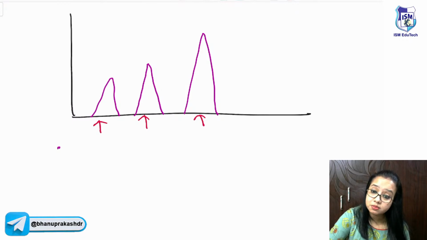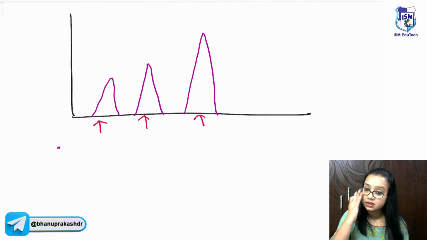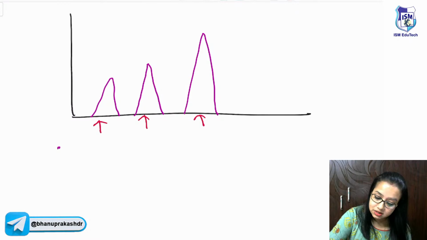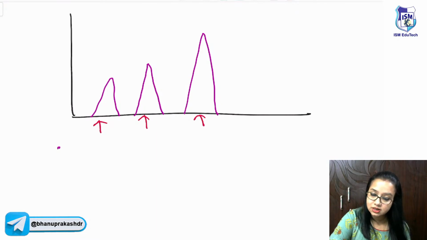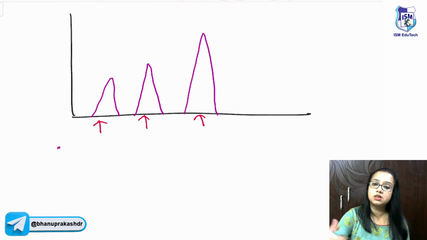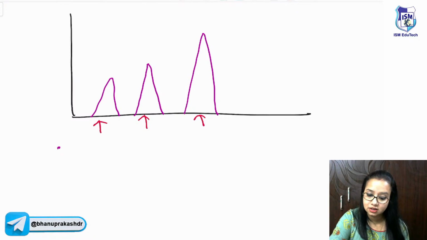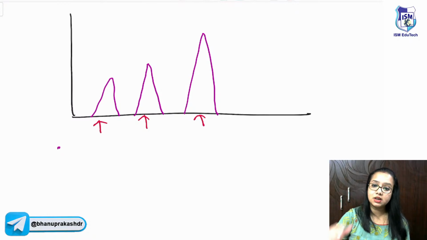So if more muscle fibers are getting contracted, automatically there will be an increase in the twitch, in the force of contraction and the amplitude of contraction. Upon increasing the stimulus, even more motor units will start getting contracted. So here again, the twitch will be of bigger amplitude. The force of contraction will be more and stronger.